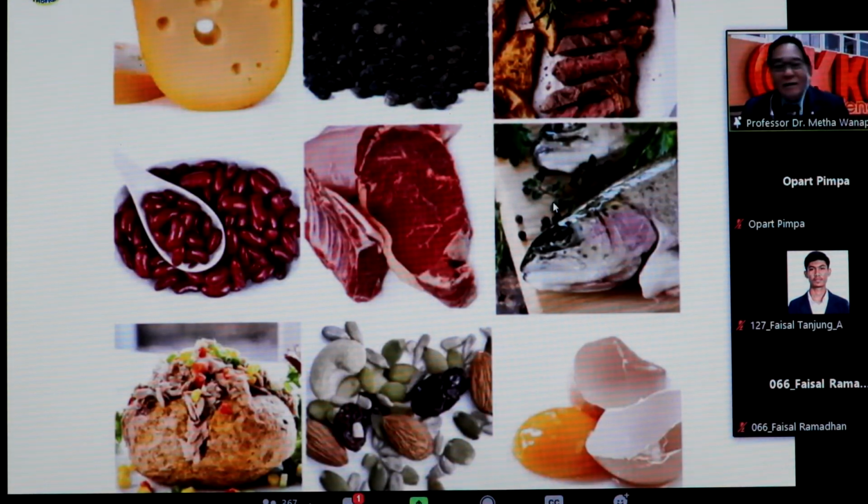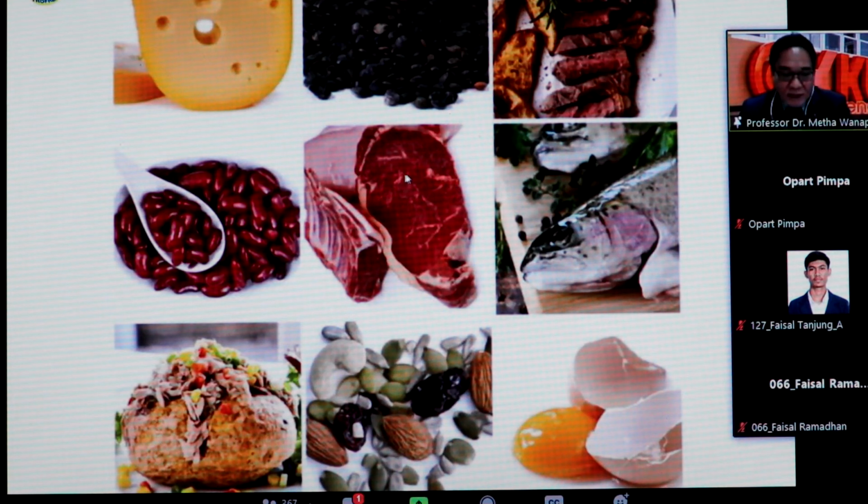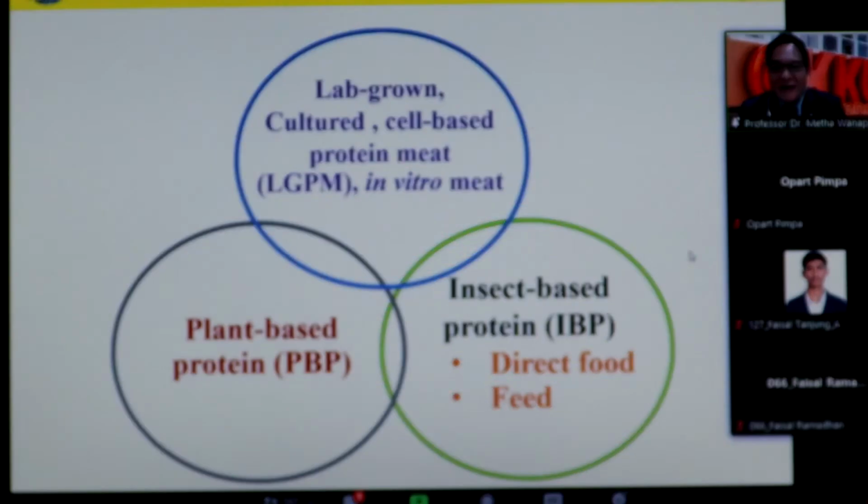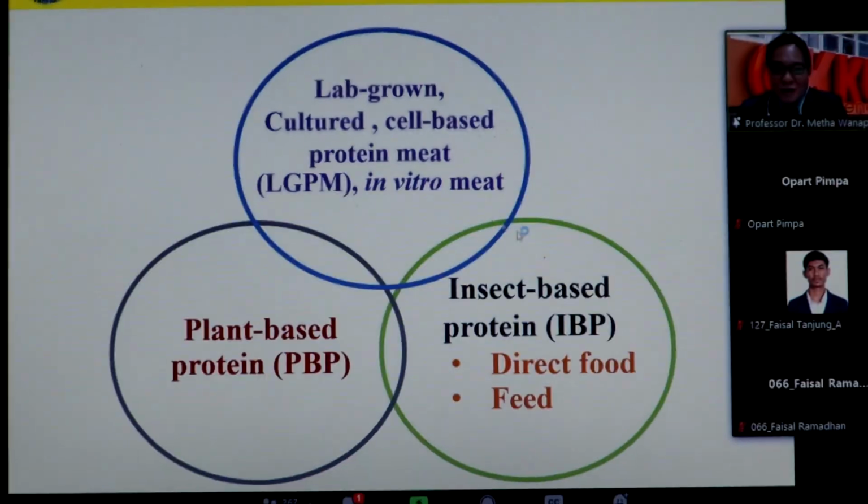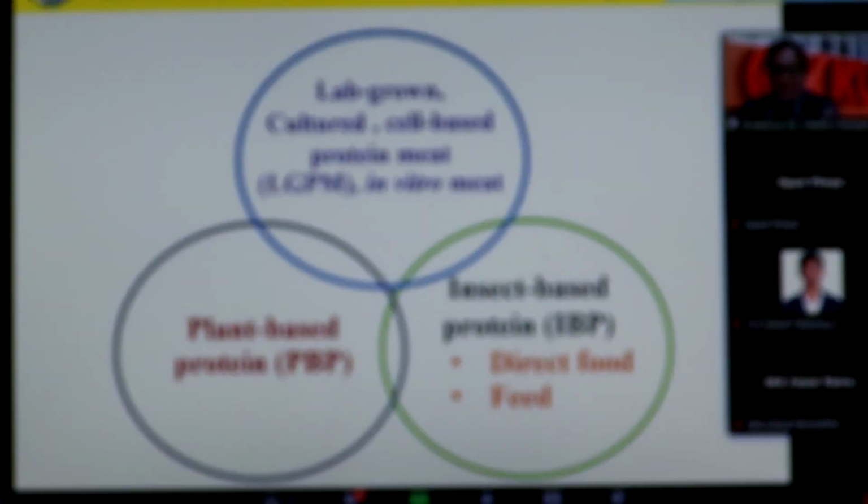So among many resources of meat, you can see that there are many kinds of meat that have been addressed, especially the lab-grown meat, the culture meat, the plant-based protein source, and then the insect-based protein.